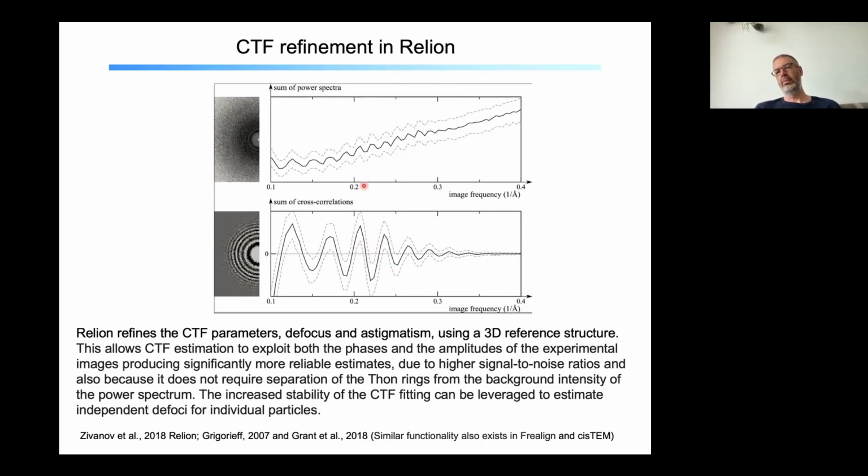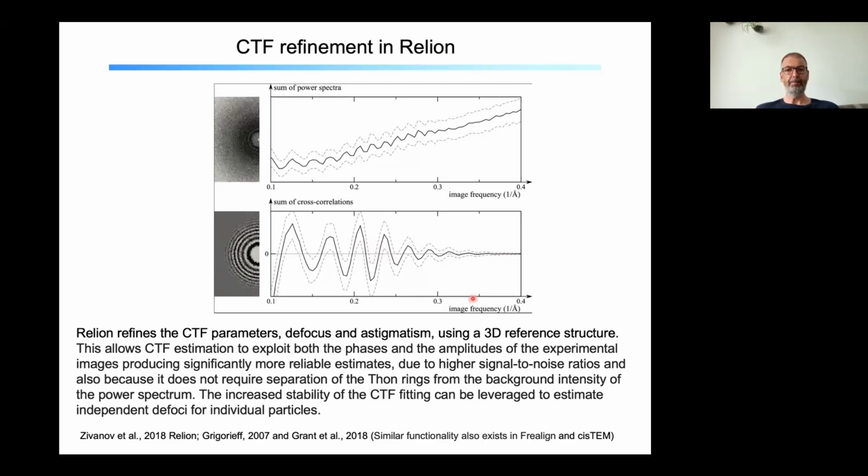The way Relion does this is it allows you to maximize the cross correlation between your reference structure with CTF parameters and your experimental image. This is much more sensitive to the correct contrast reversals and positions of zero, so it allows you to extend the resolution of your structures.